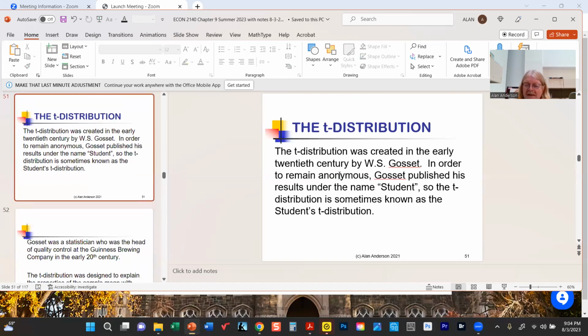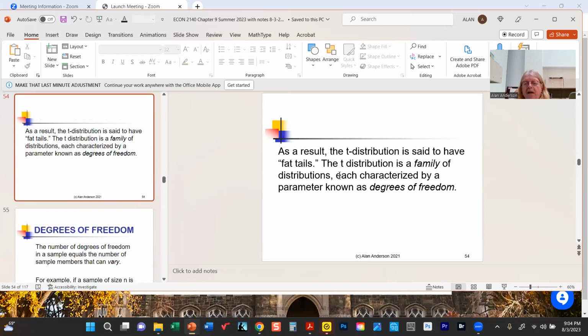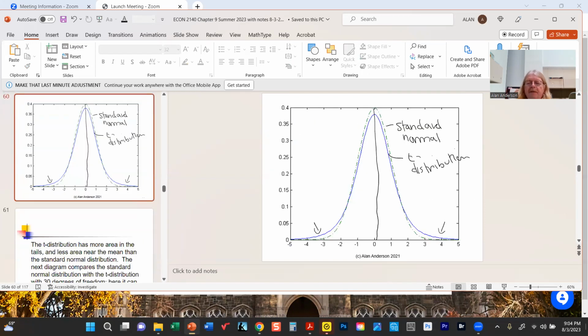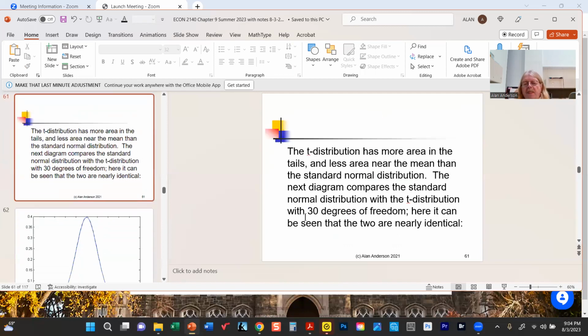Let me show you what I mean. This graph that I just showed you, the T distribution has 5 degrees of freedom. What happens if I increase that to 30? Now remember, 30 is the cutoff point according to the central limit theorem between normal and non-normal behavior. If I increase the degrees of freedom here to 30, now look at that.